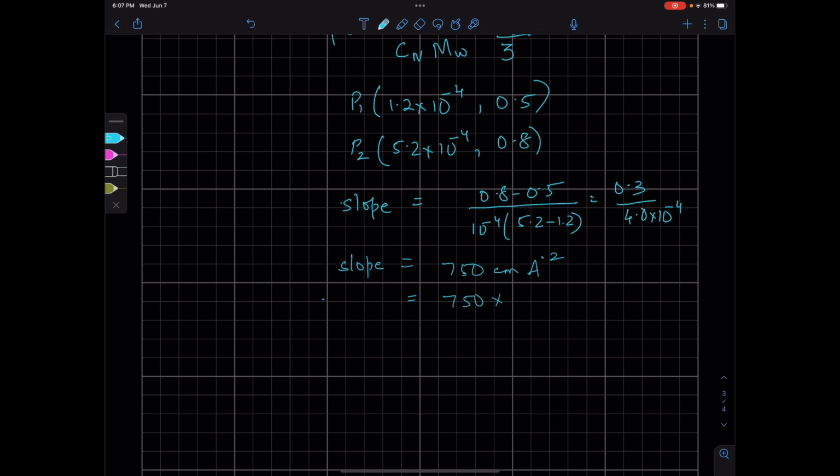750 times 10 to the negative 16 centimeter cubed. So Rg equals the square root of slope times 3 times Cn, which is 10.0 times 10 to the negative 5 moles per gram centimeter, times the molecular weight, which is 25,000 grams per mole.